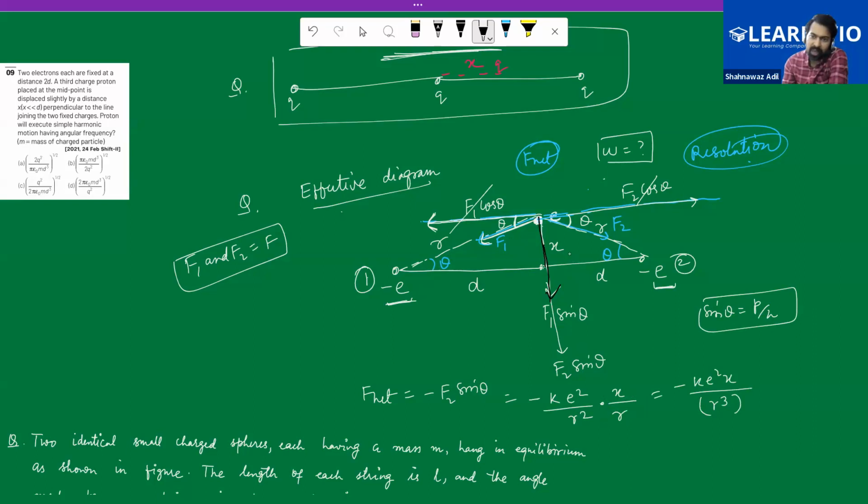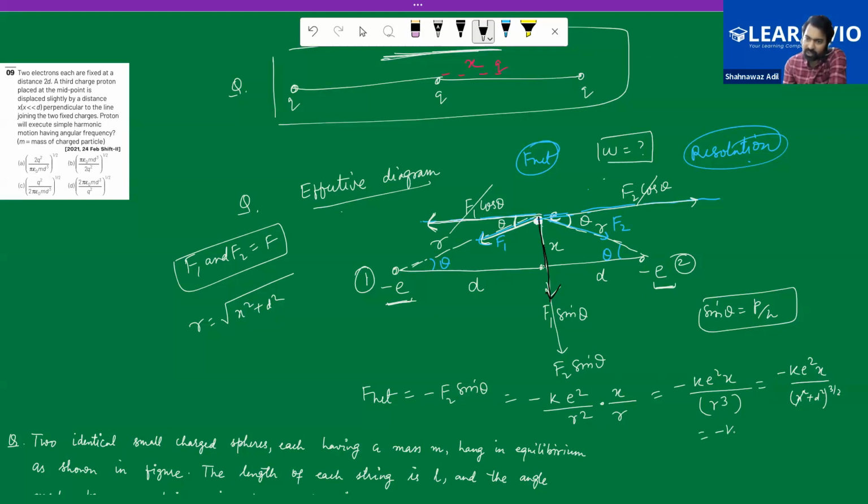R is root of X square plus d square, and we know that X is very small. So we can write this as minus K e square X divided by (X square plus d square) to the power 3 by 2. X square we can neglect, and the square will cancel.